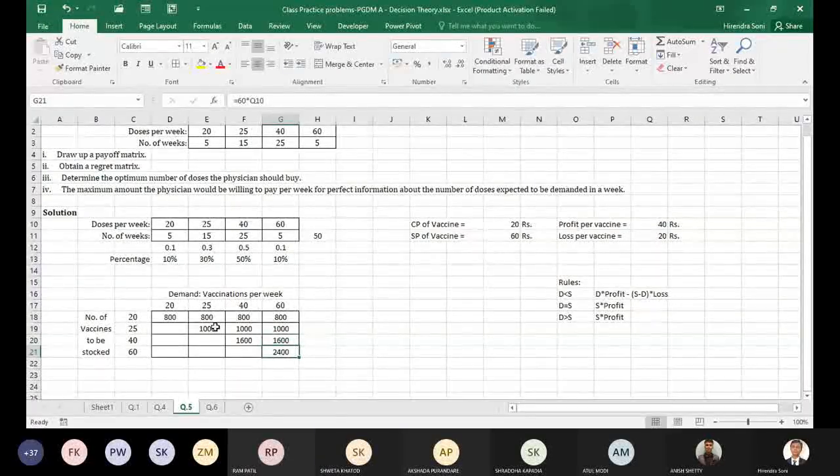अब आते हैं यहाँ पर, when I have more vaccines and less patients turn up.